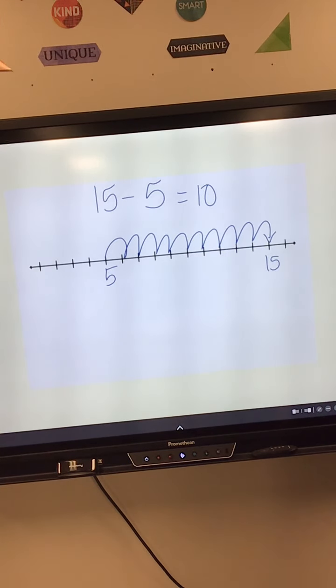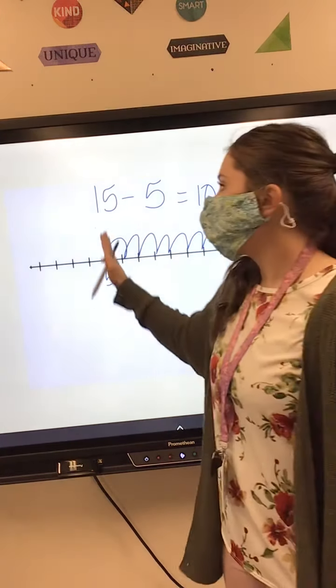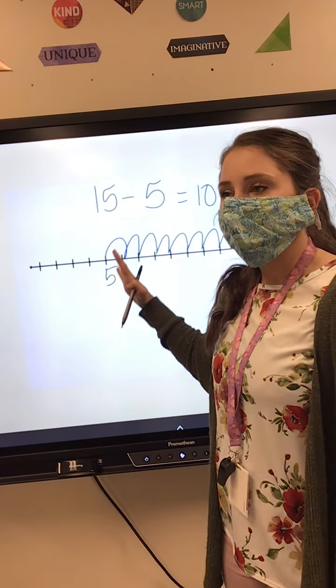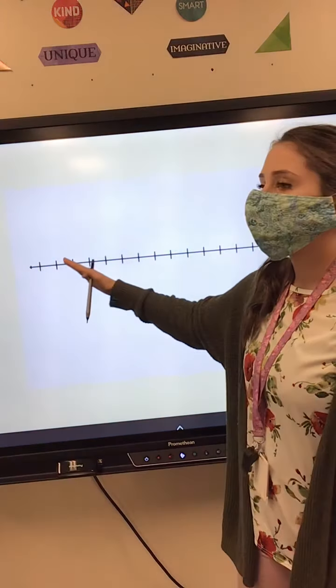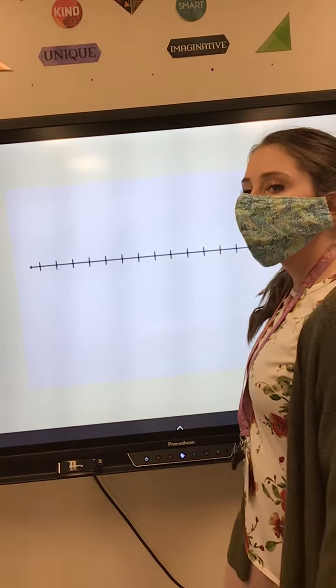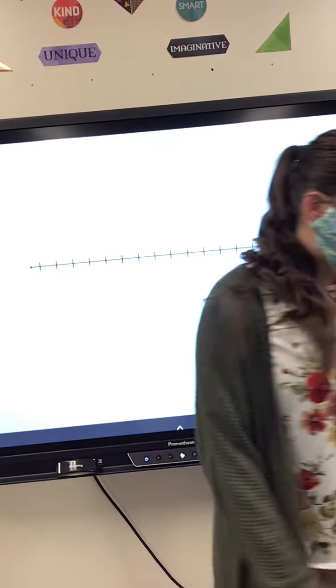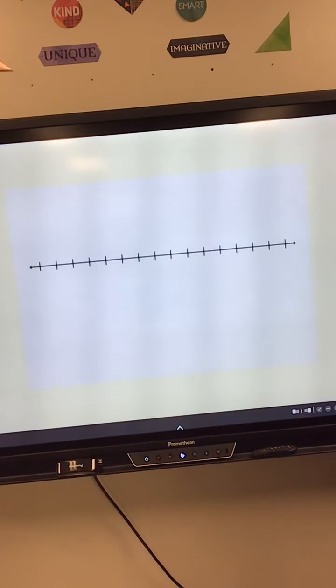So does it matter if we count up or if we count back? Does it matter? No. That's what you guys learned while you were at home. We can use a number line and we can count forward or we can count backwards.